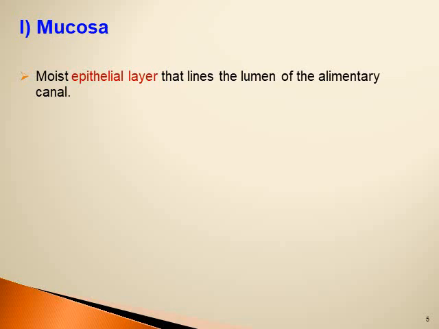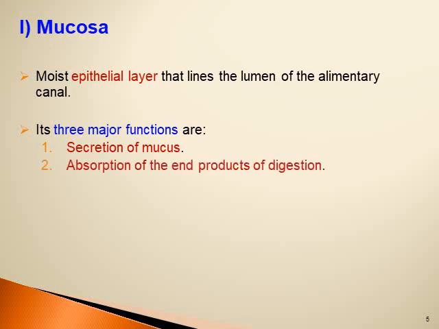So what is the mucosa? The mucosa is a moist epithelial layer that lines the lumen of the alimentary canal. Its three major functions are secretion of mucus, absorption of end products of digestion, and this happens mainly in the small intestine, and protection against infectious diseases because it acts as a barrier between the external environment or food in the lumen of the alimentary canal and the blood.